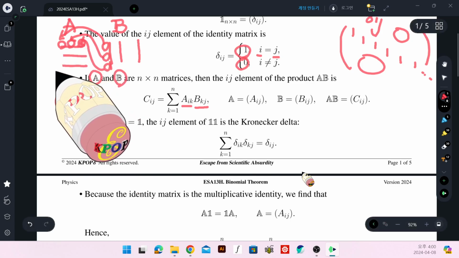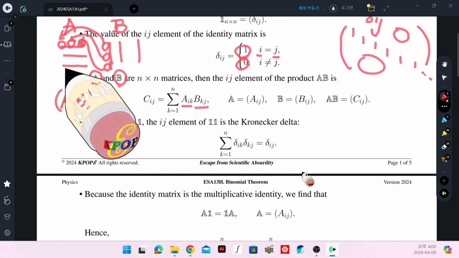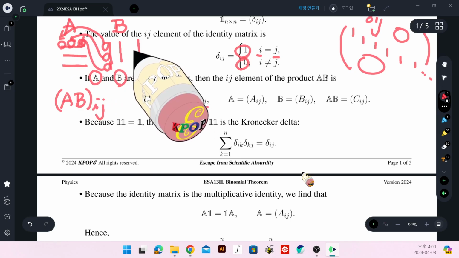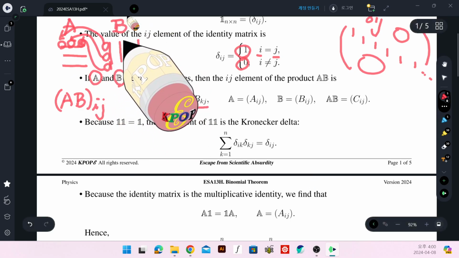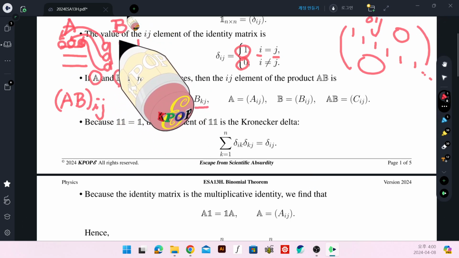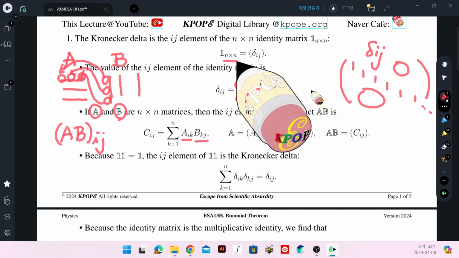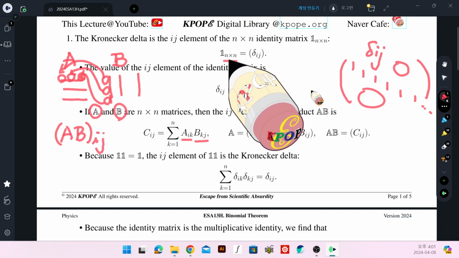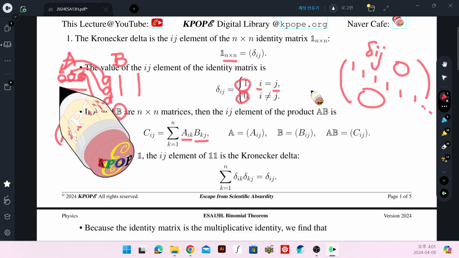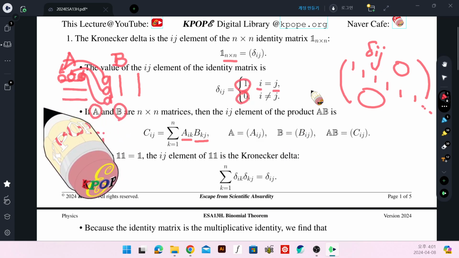So the number of columns in the first matrix and the number of rows in the second matrix must be the same. Then the multiplication is defined. For convenience, right now we are considering the n by n matrices, so the number of rows and number of columns are always the same.